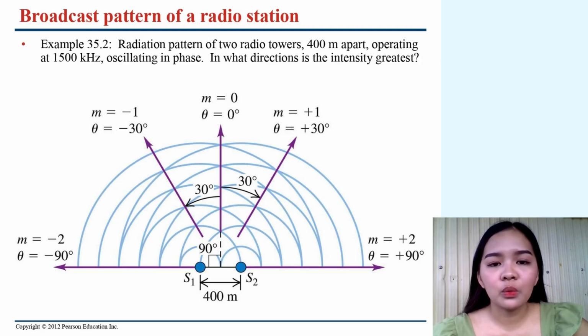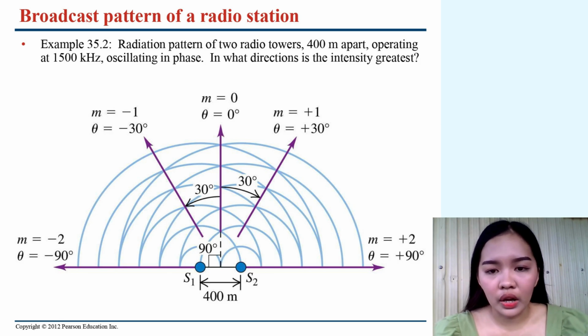The maxima occur when d sine theta equals m lambda, so sine theta equals m lambda over d, which equals m multiplied by 200 divided by 400, which is m over 2. So the possible m values are 0, 1, and 2, since sine theta must be less than 1.